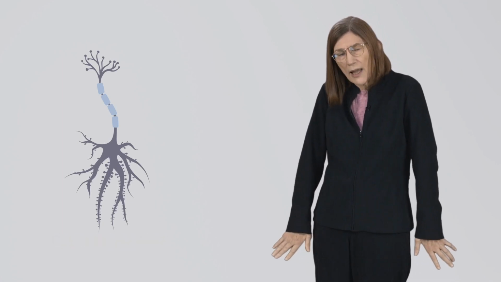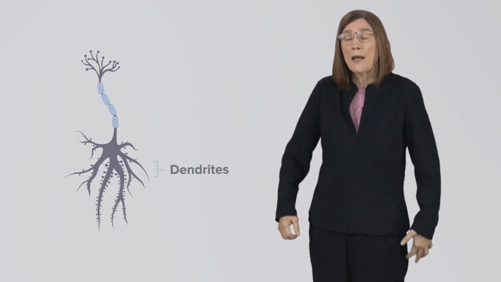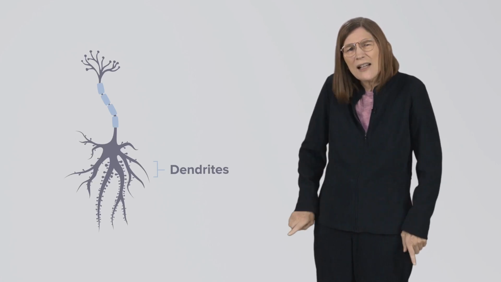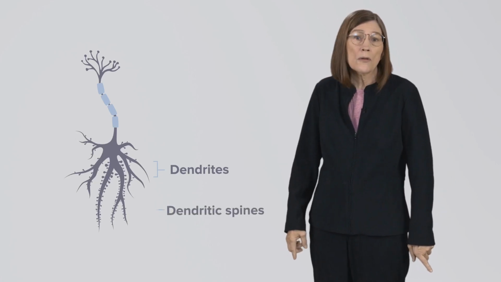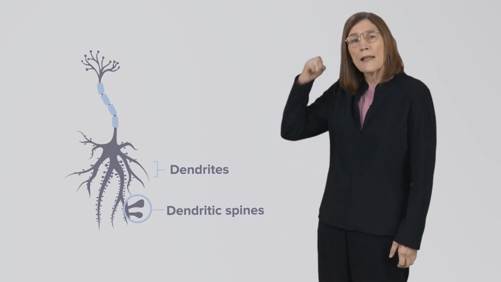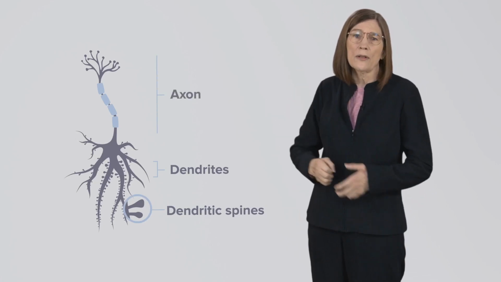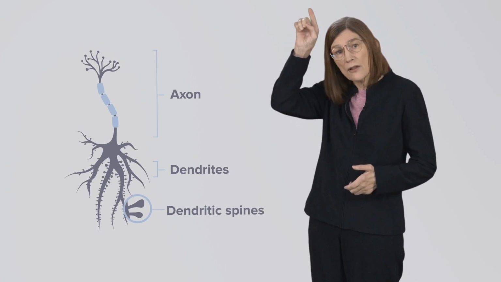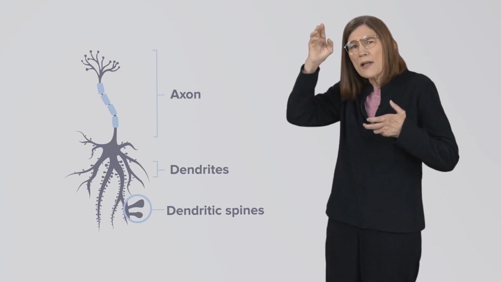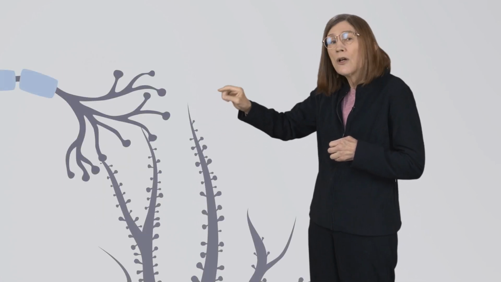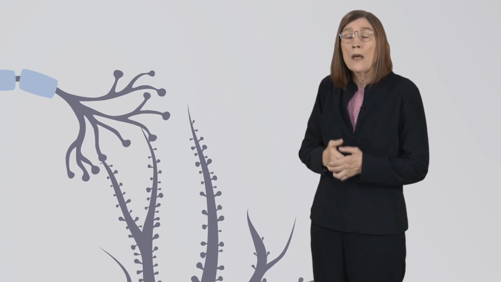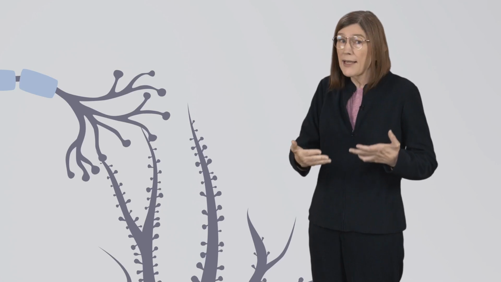They have legs, which are called dendrites, and they have little toes on those legs, and those are called dendritic spines. And lastly, they have an axon that reaches up and goes out, and what it's actually doing is it's reaching out with that hand, with the fingers on the hand, to touch the toe of an adjoining neuron. And that's really what is happening physically in your brain when you're learning.